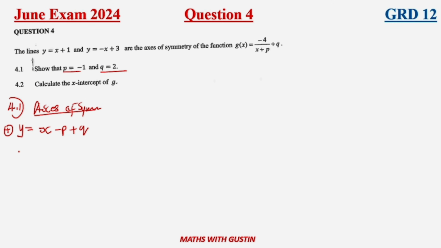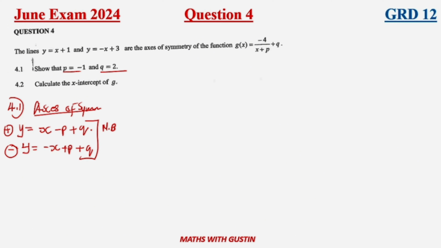And if they ask you to find the one for the negative gradient, this is what you would do: y equals negative x plus p plus q. So please don't forget this, because you don't have that in your formula sheet. Please, guys, remember this. This is how you would find the lines of axes.